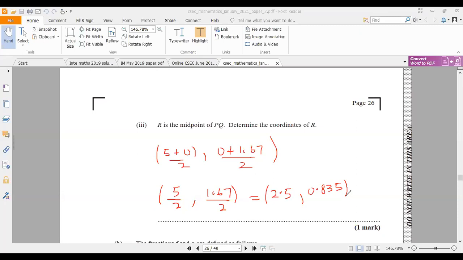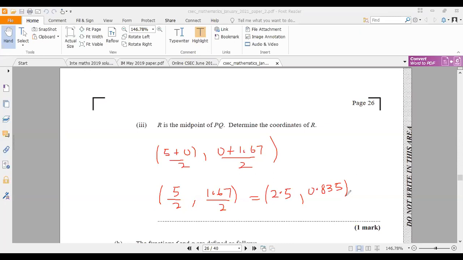Sir, which one of the midpoints has the y, Y1 plus Y2? Because I get it mixed up with the gradient.